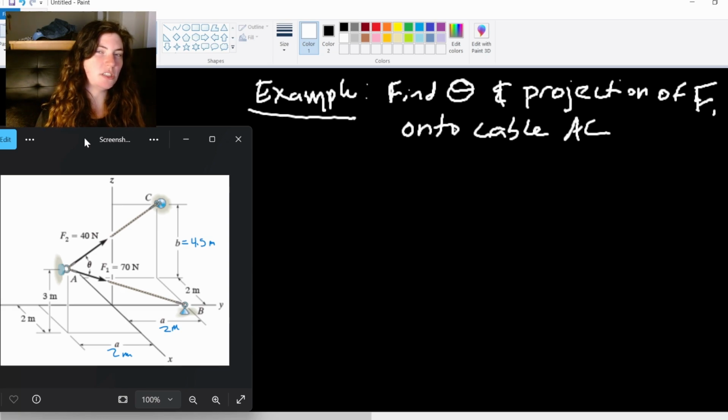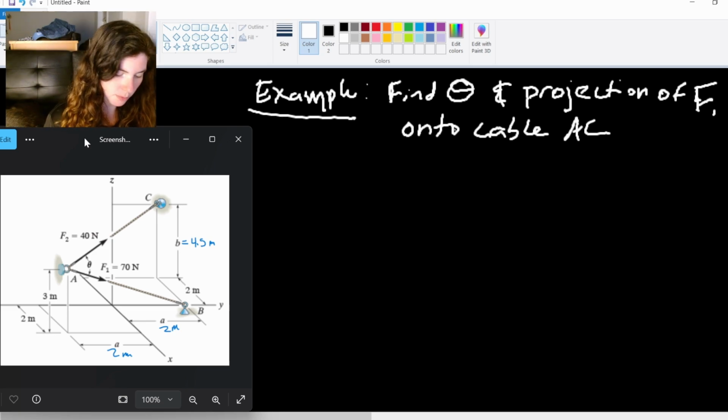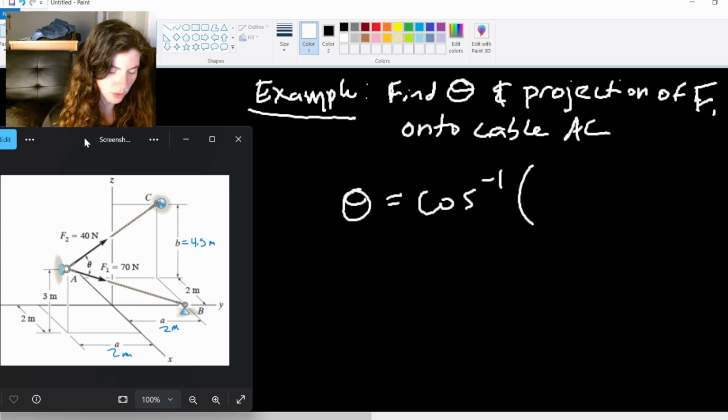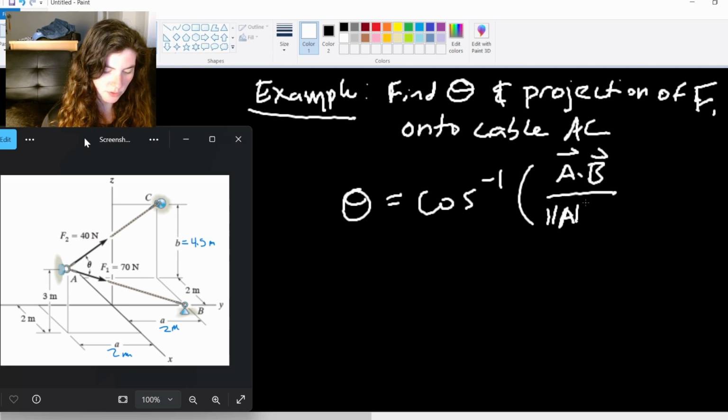So the first thing we want to do is, since it tells us that we're going to find an angle, we know how we're going to do that, right? We just established that we can use theta equals inverse cosine, arc cosine, of the dot product of A dot B over the magnitude of each of those.